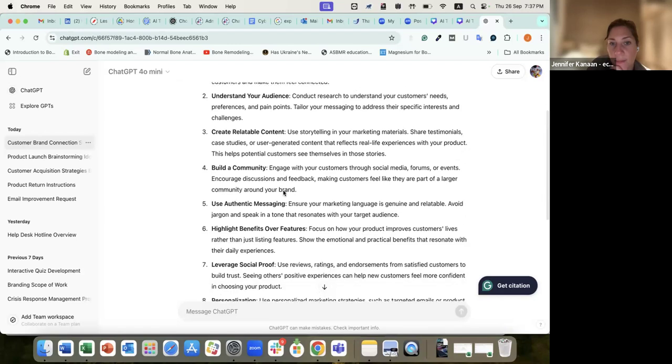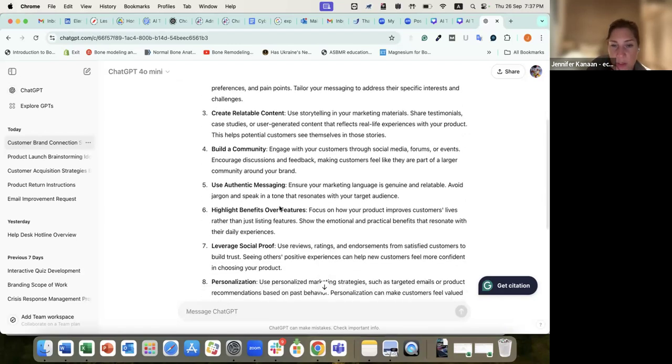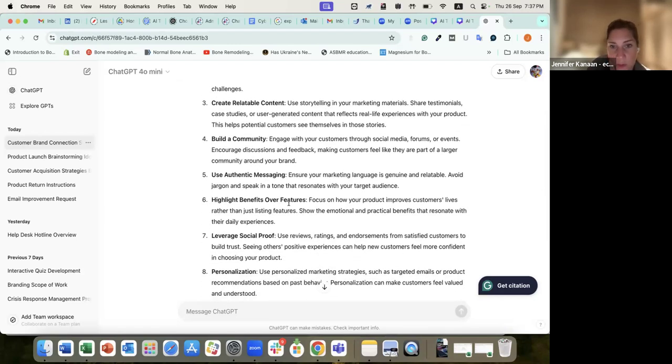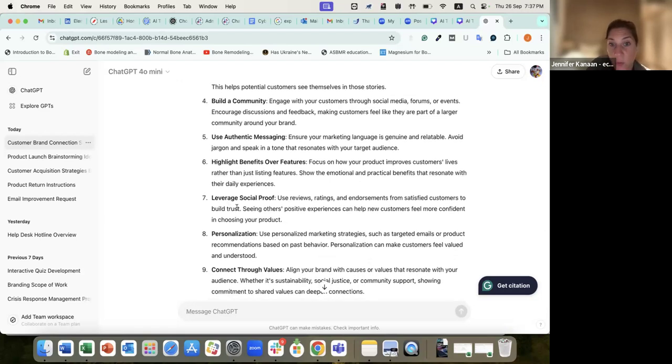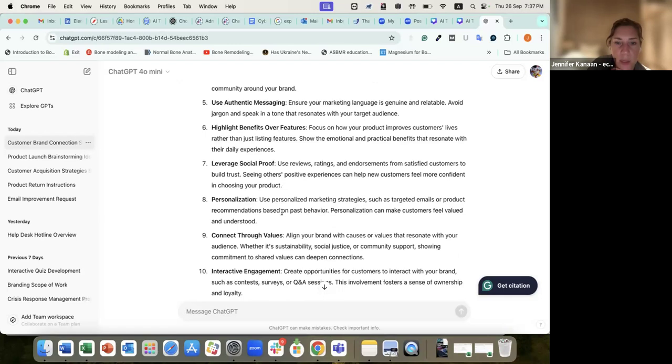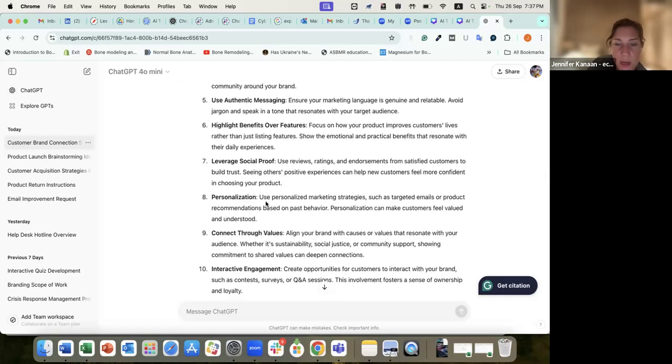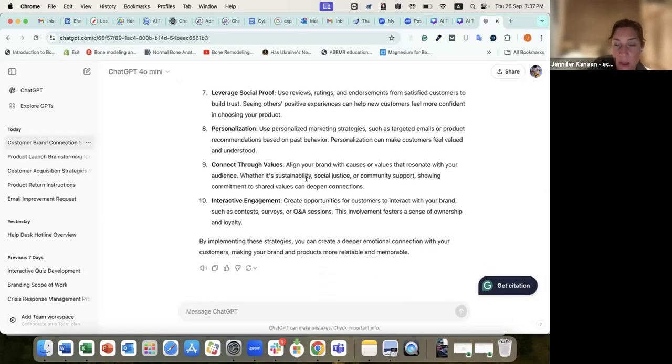Build a community. Use authentic messaging, highlight benefits over features, leverage social proof, which is a very rewarding way of doing marketing, personalization, connect through values.